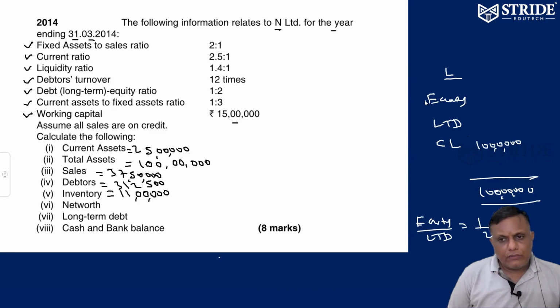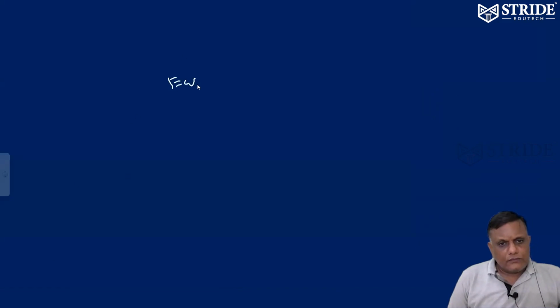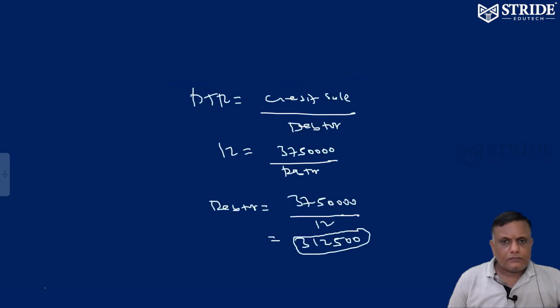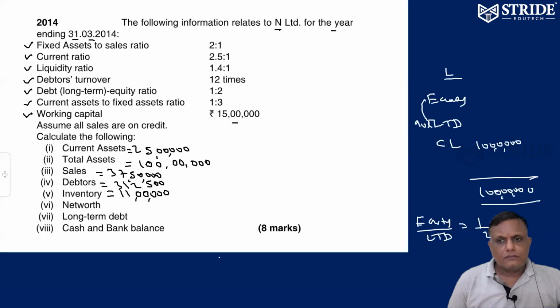So equity plus long-term debt comes to 90 lakhs, since the balance after 10 lakhs is 90 lakhs. So equity plus liability is equal to 90 lakhs.